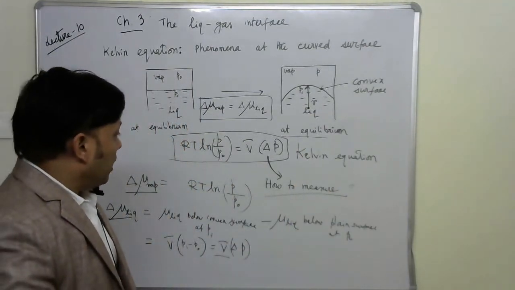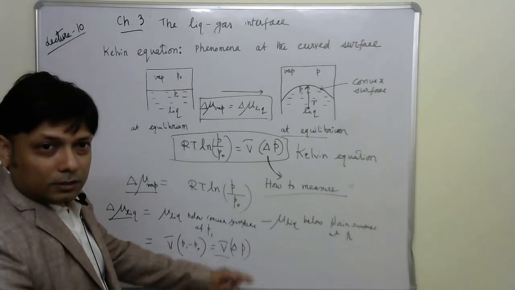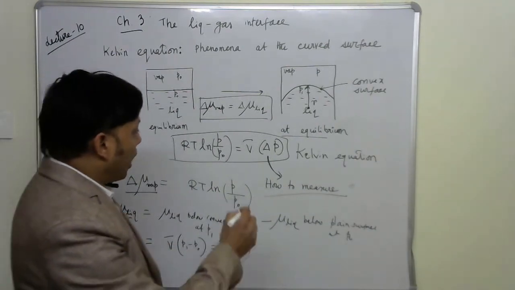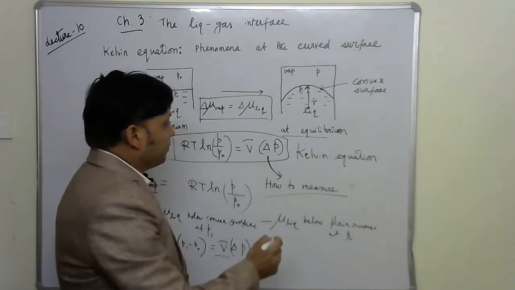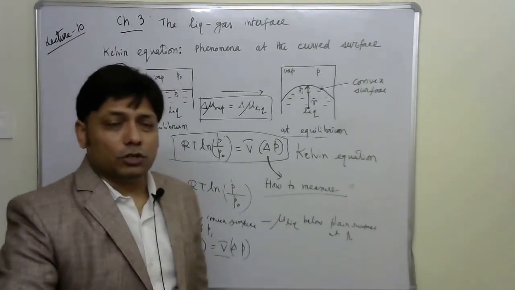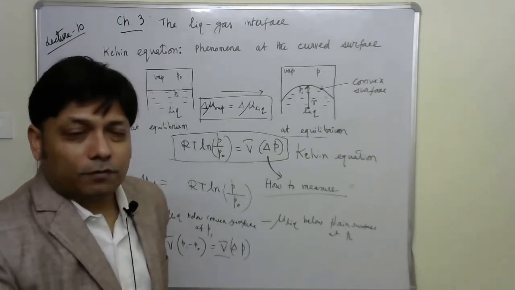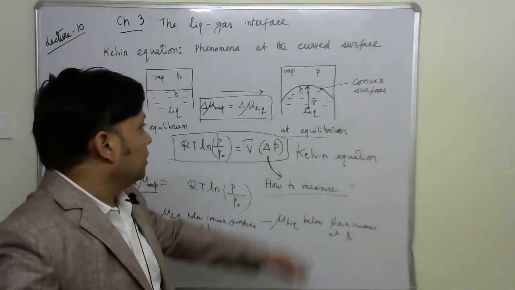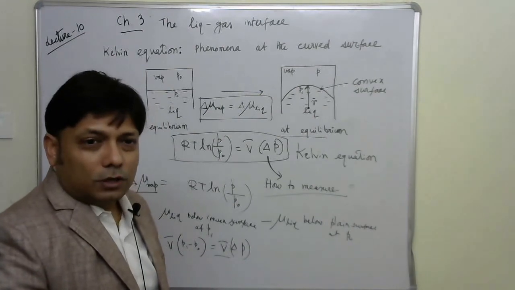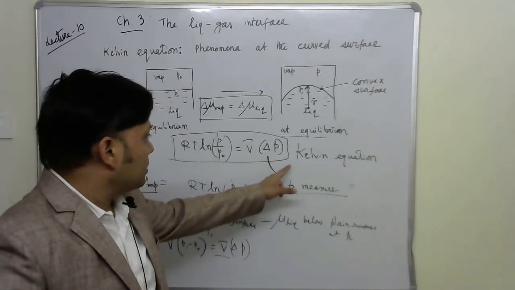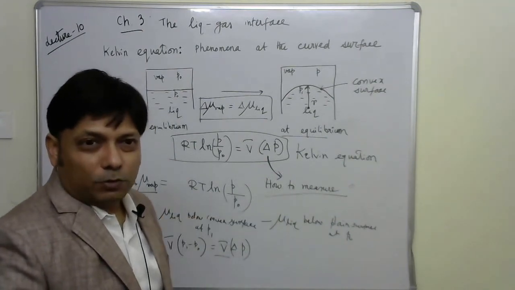I think we should stop now at this point. In the next lecture we will try to relate this delta P with some measurable parameters. It can be the surface tension, or the radius of curvature, or both. But for the time being, let's recognize this equation as the Kelvin equation.